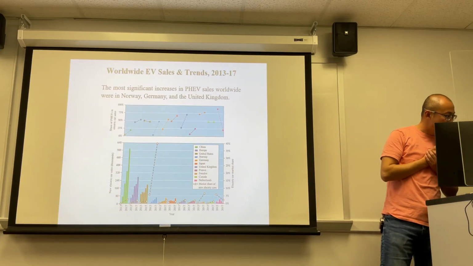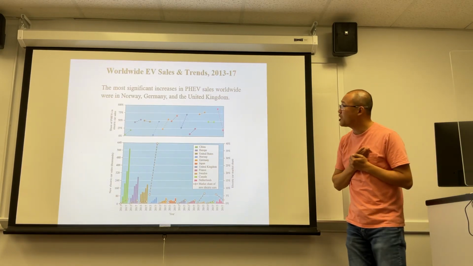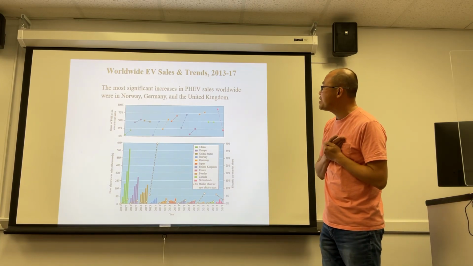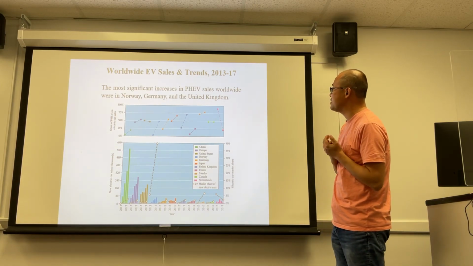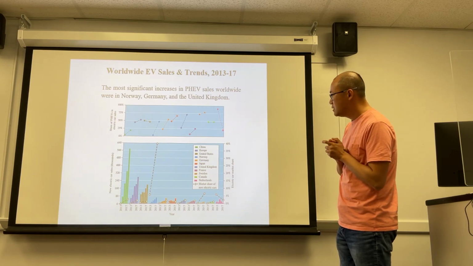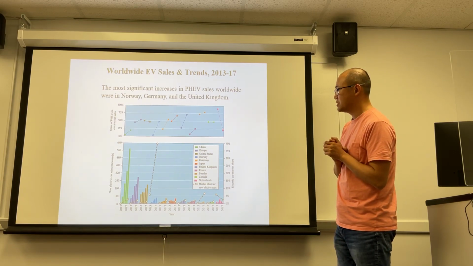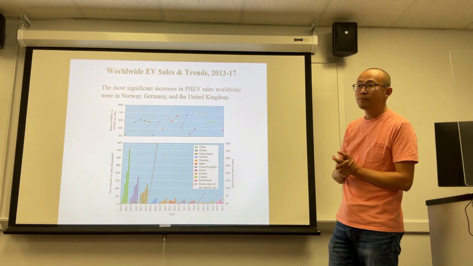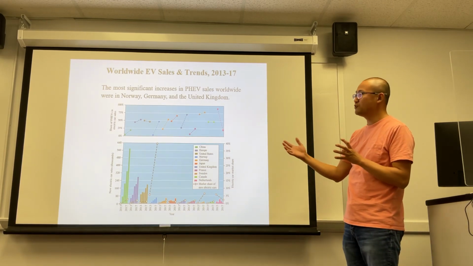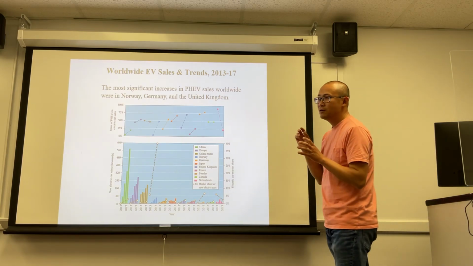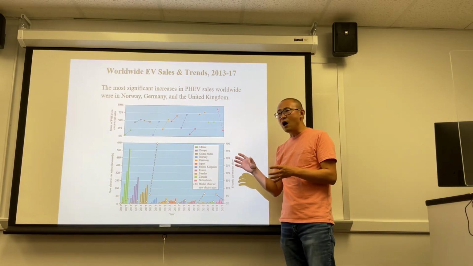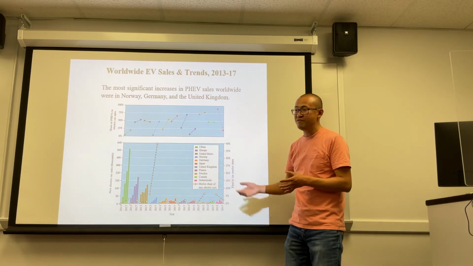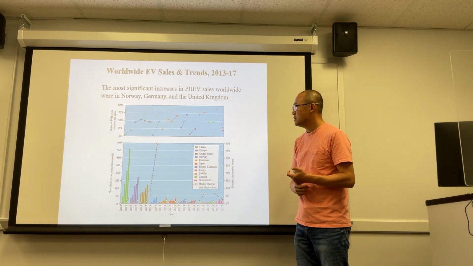This chart shows the increase of plug-in hybrid EV sales worldwide. The leading increase is happening in Norway, Germany, and the United Kingdom. European countries are actually boosting hybrid vehicles and also EVs a lot.